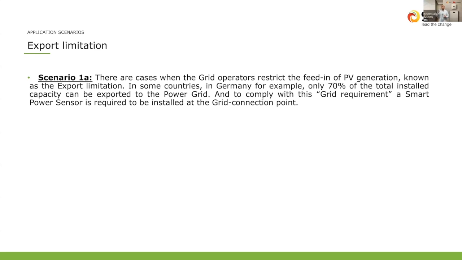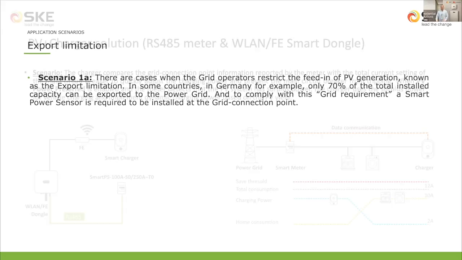This type of power adjustment, in our Fusion Solar management system, we can refer to as export limitation, and we can control it as a percentage of the total installed capacity. And to do that, of course, we will have to do the measurement directly at the grid connection point using the smart power sensor.